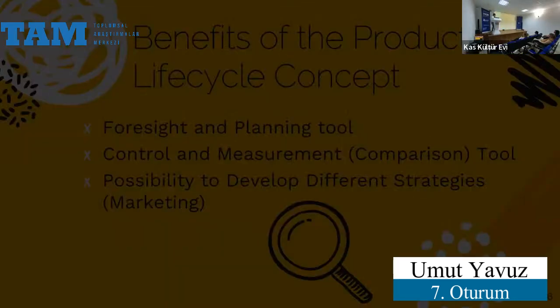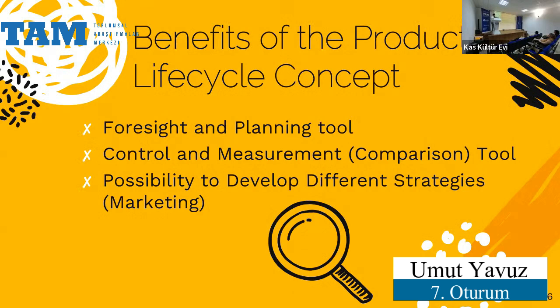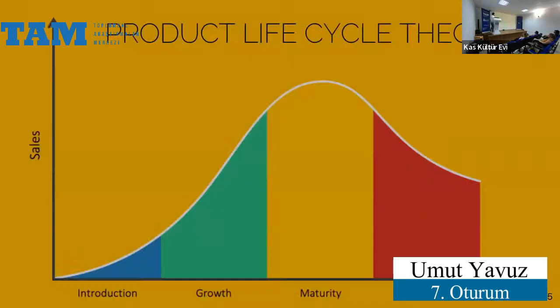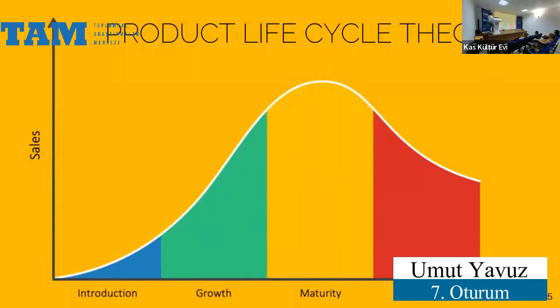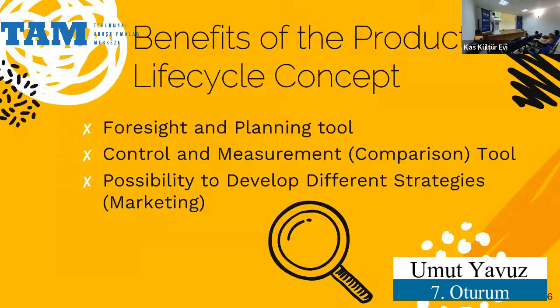Because it helps our product with foresight and planning. When I introduce something into the market, I know that my product will rise, become saturated, mature, and die. So I can plan my demand and selling strategies according to this graphic. It's a very useful graphic for marketing theories.